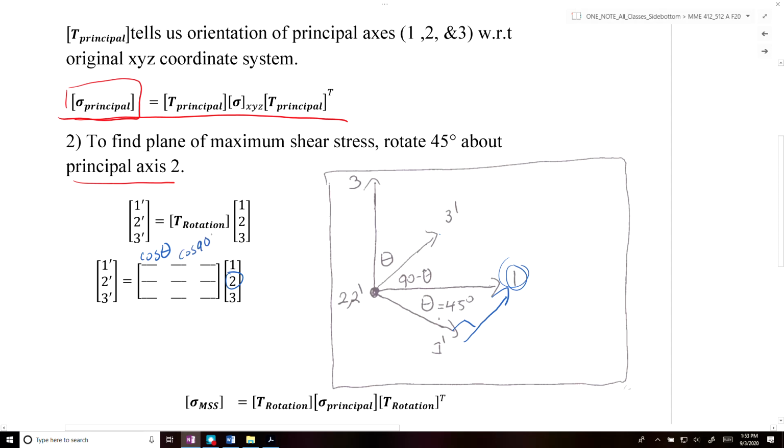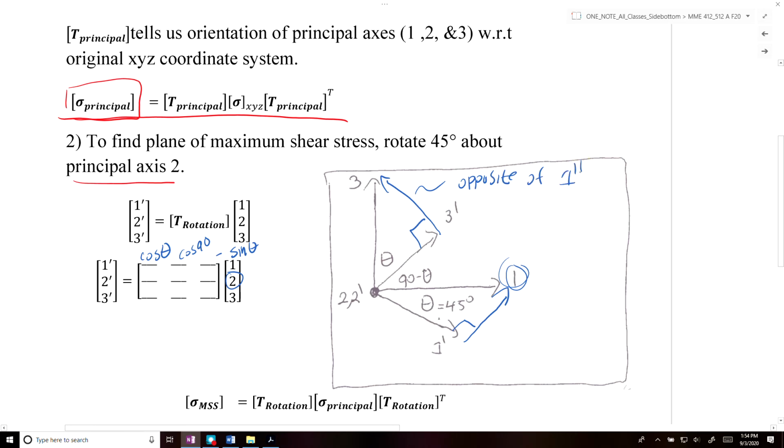And the projection of vector 3 onto the 1' axis is going to be equal to the negative sine of theta, since this vector is going opposite of 1'.